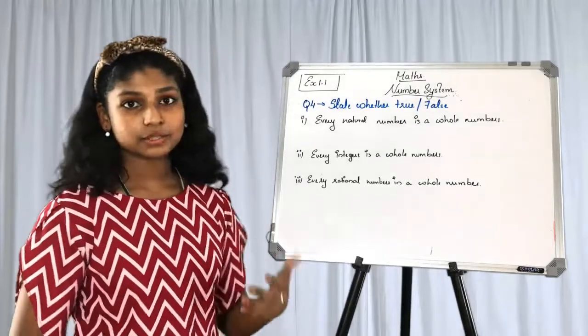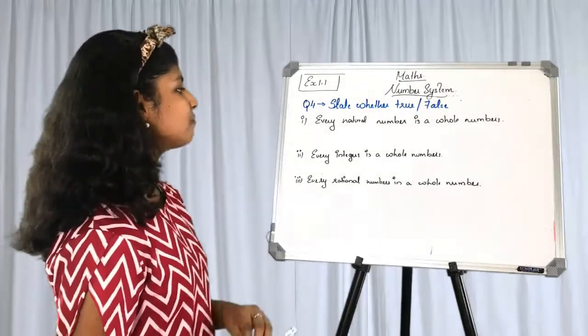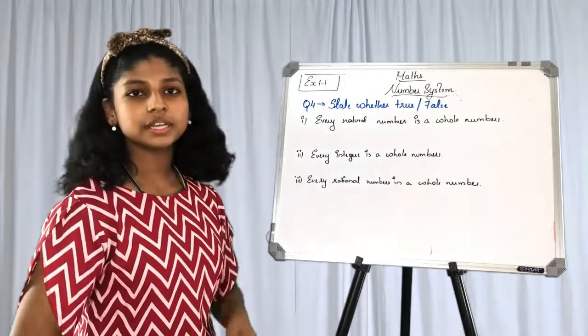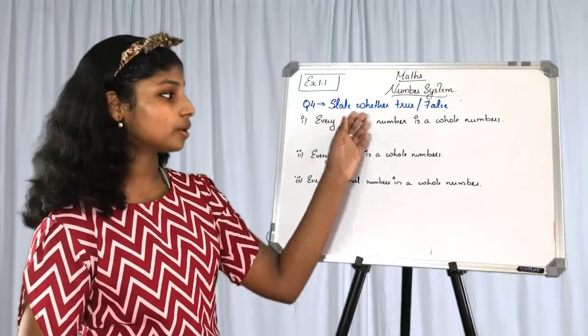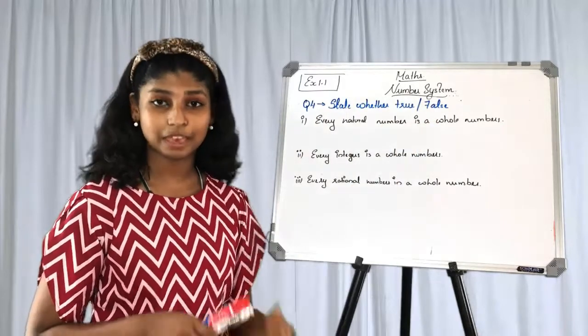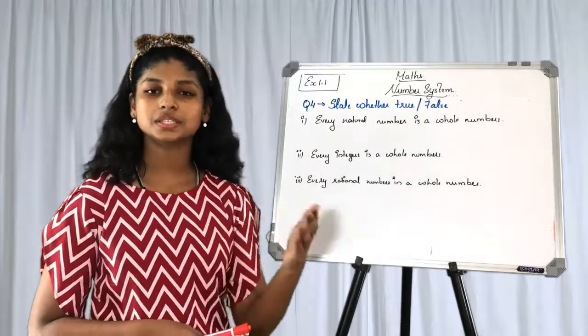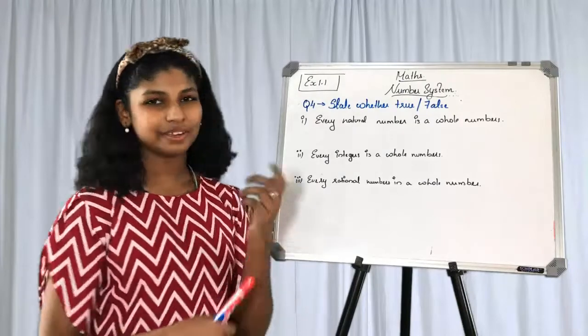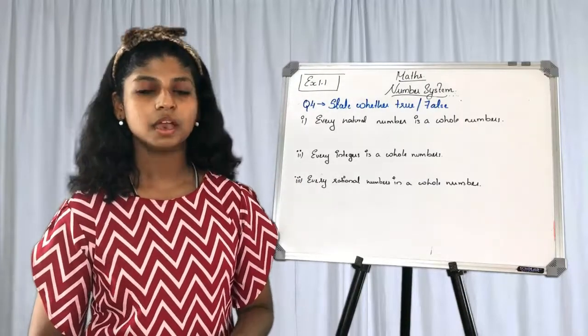So now let's come back to the topic. The first statement is: every natural number is a whole number. Is every natural number a whole number? Of course yes.